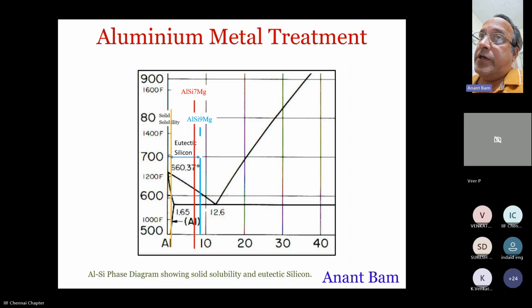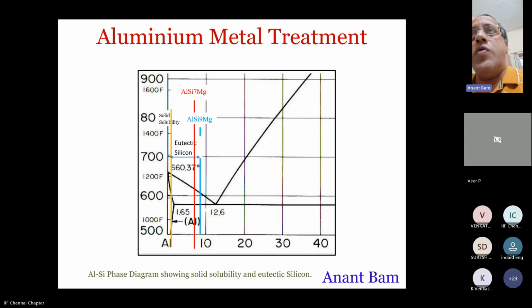So 50% of 1.65% is close to 0.82% of the total. We have 7 grams of silicon in the total system, out of which 0.82 grams is utilized by alpha.